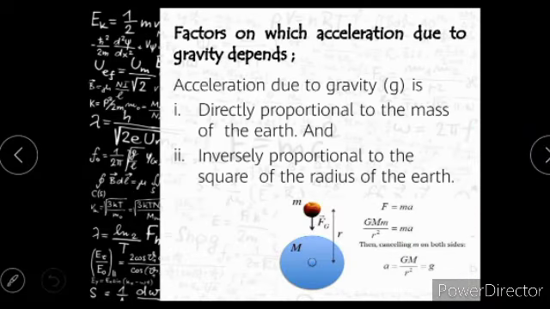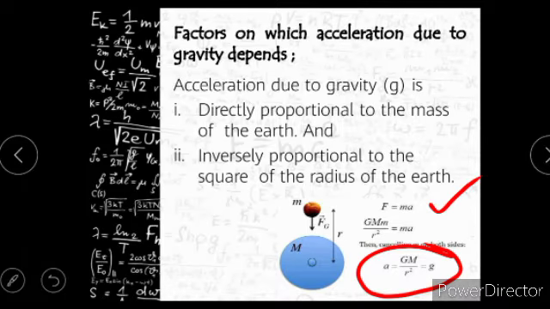Now, the factors on which acceleration due to gravity depends. Number 1, acceleration due to gravity is directly proportional to the mass of the earth. You can see the formula for small g from here. Force equals mass into acceleration, F equal to ma, and F equal to G m1 m2 by r square, which we found in the last video.